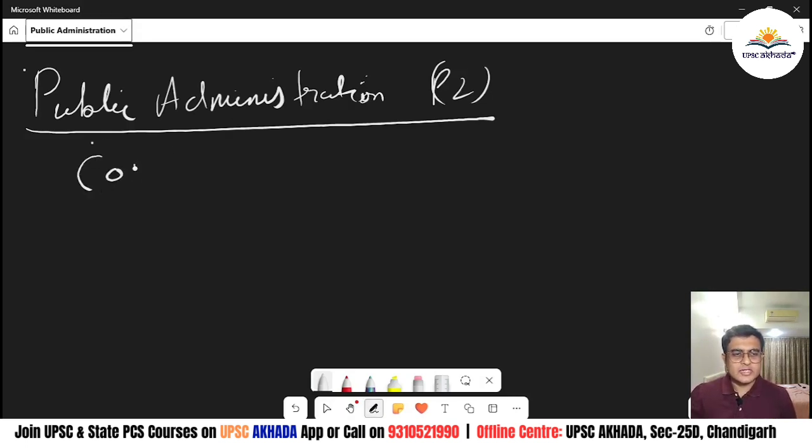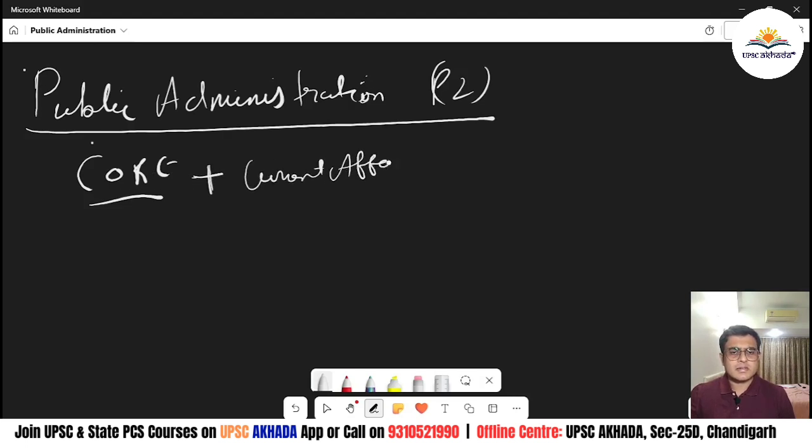First is the core aspect which the syllabus mentions, and add to that you have to connect the core aspects with current affairs and also paper 1.